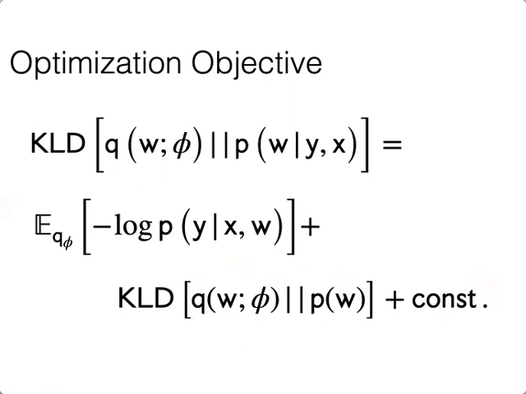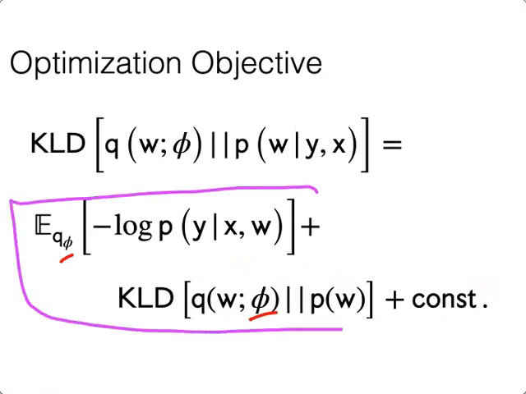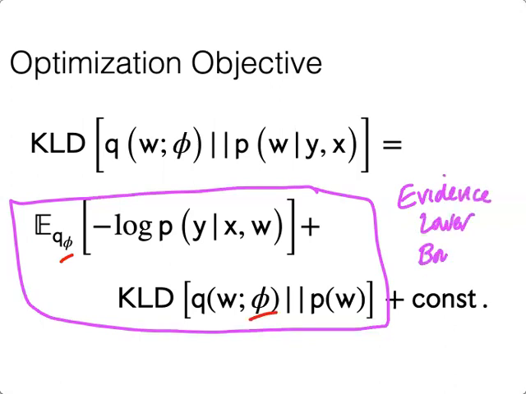And so now we want to optimize this with respect to the parameters phi here and here. And in general, this equation is called the evidence lower bound, or ELBO for short.